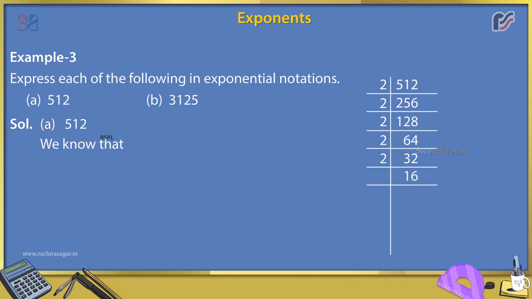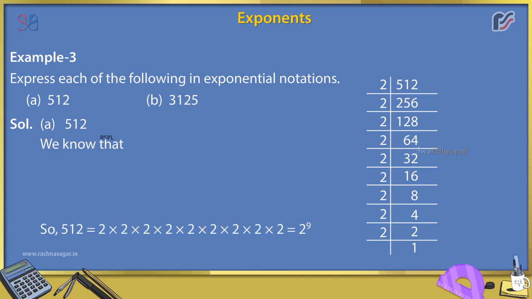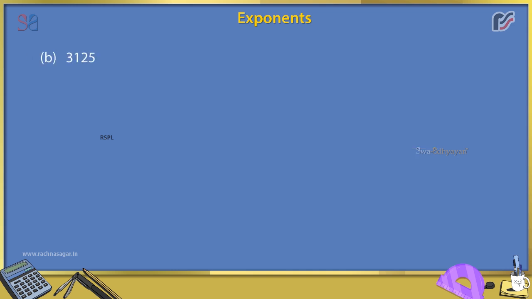On dividing 16 by 2, we get 8. On dividing 8 by 2, we get 4. On dividing 4 by 2, we get 2. On dividing 2 by 2, we get 1. So, 512 is equal to 2 into 2 into 2 into 2 into 2 into 2 into 2 into 2 into 2, which is equal to 2 raised to the power 9.